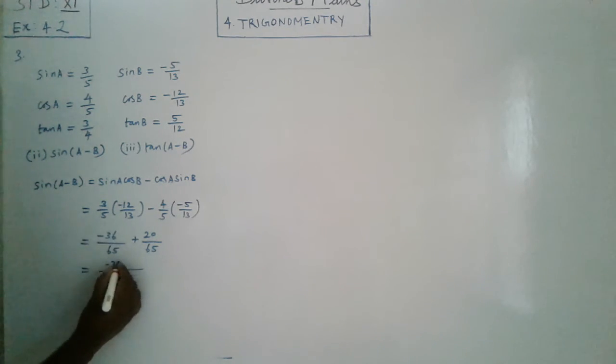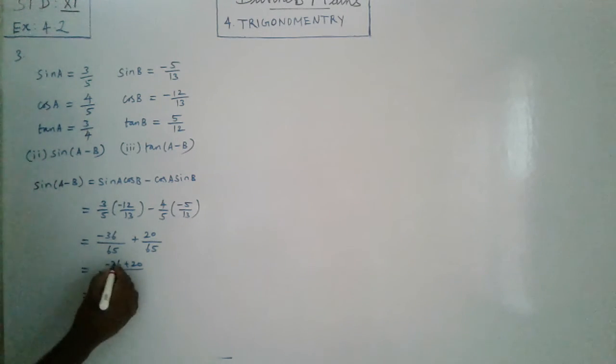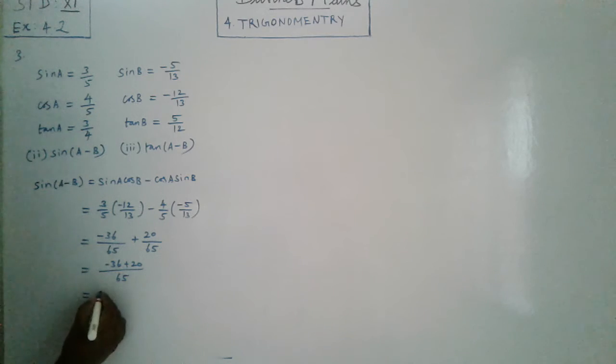Minus 36 plus 20 is minus 16 divided by 65. That's the second sum value.